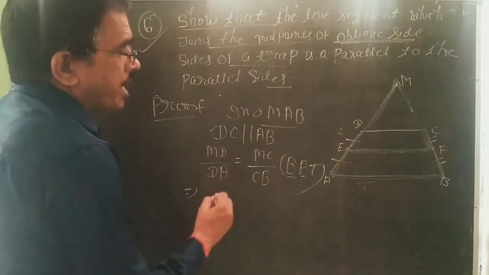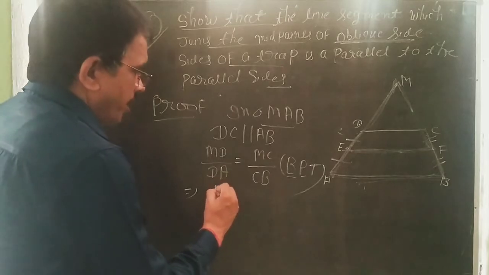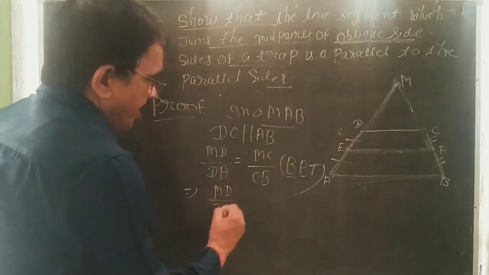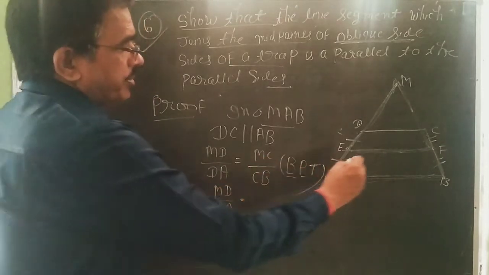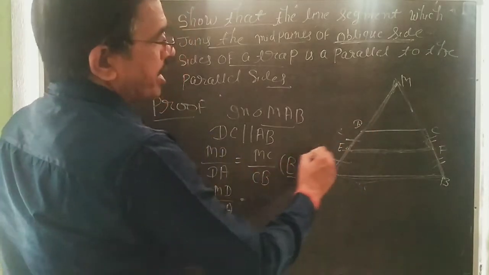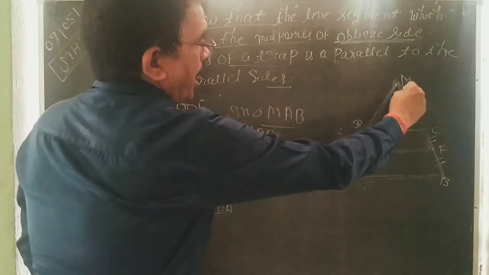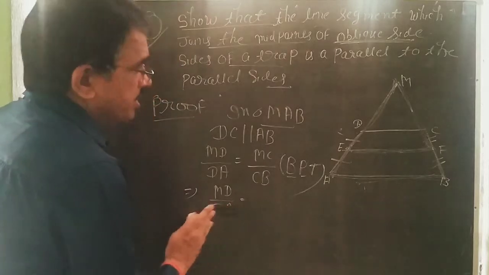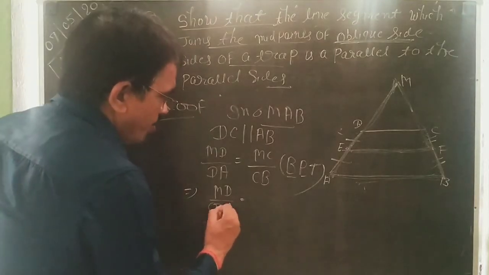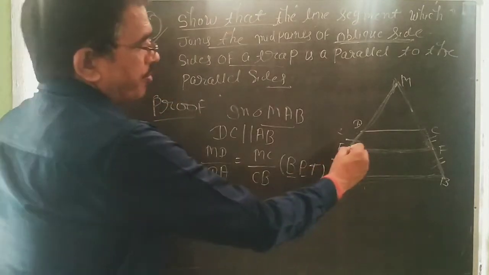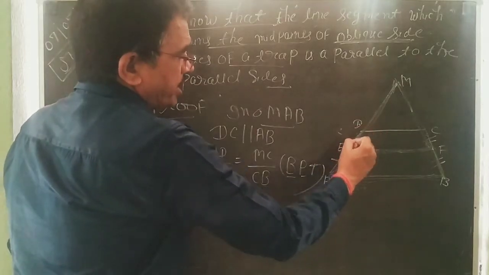Dear students, this is MD. Right here MD by DA and MC by CB, this DA you can write 2DE because E is the midpoint, these parts are equal.